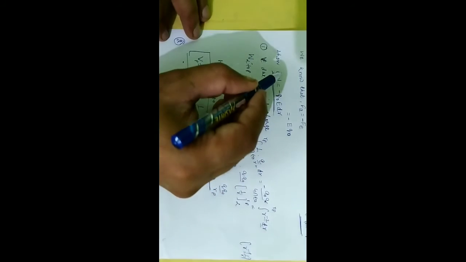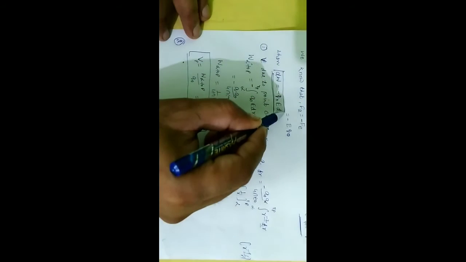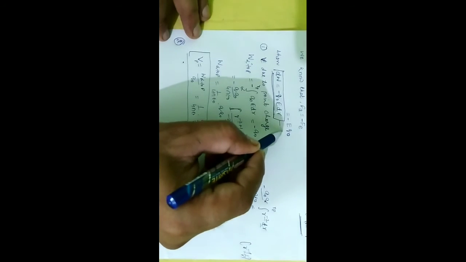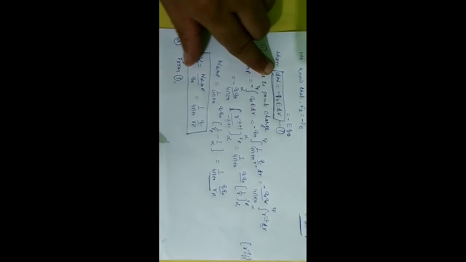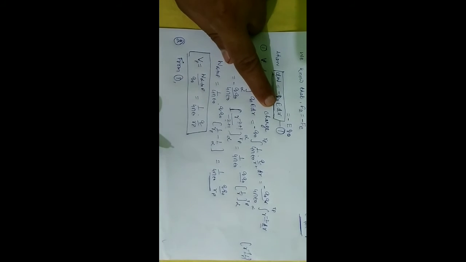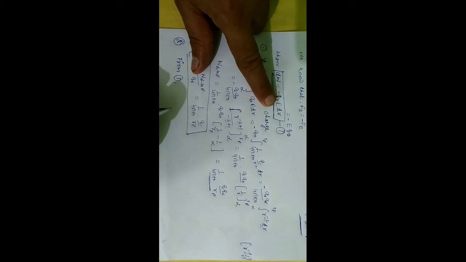Now our second relationship, that is, electric field is negative of potential gradient. This can be derived from this relationship, from 1. Here we rearrange the terms. We want to find out this relationship.